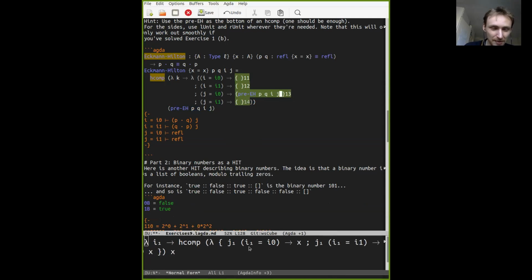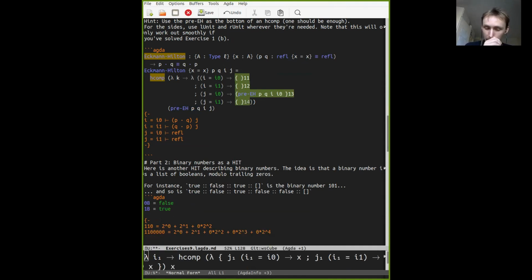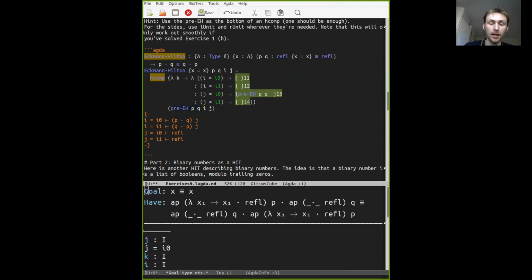What pre-Eckmann-Hilton normalizes to at j equal to i0 is just refl composed with refl. And that's not very strange because it's a path between paths between refl composed with refl and refl composed with refl.